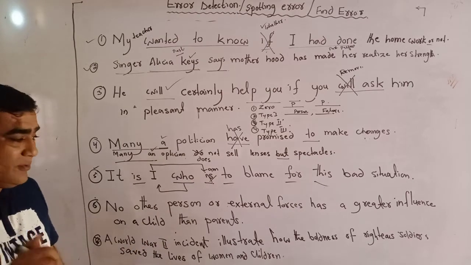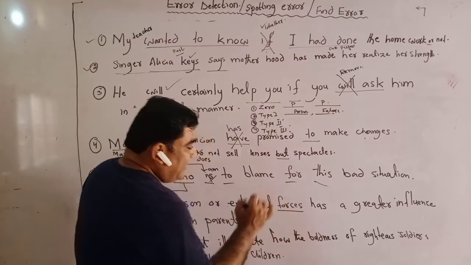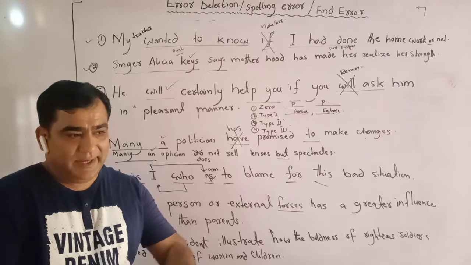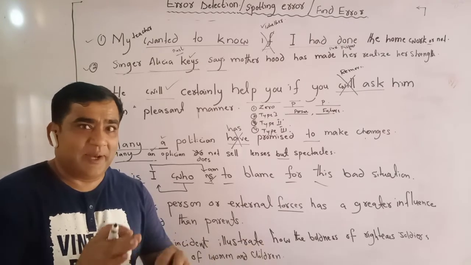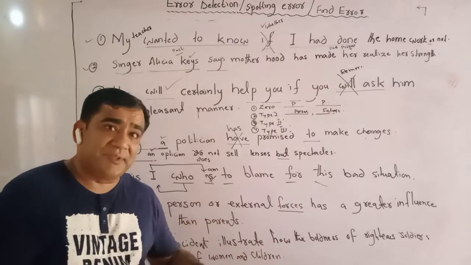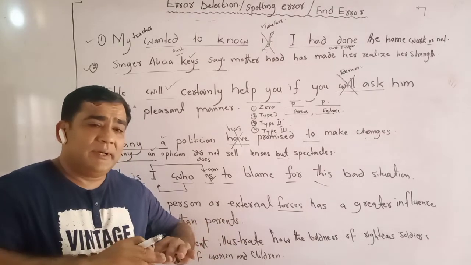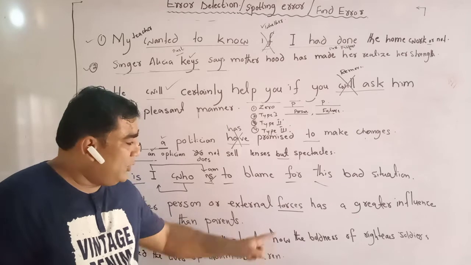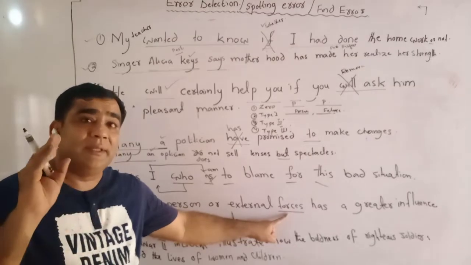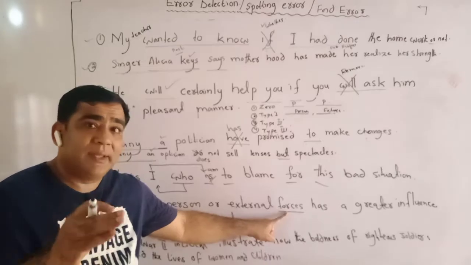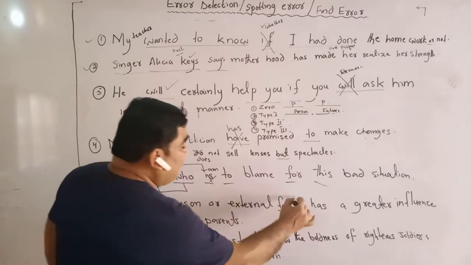I have told you words like good and goods; there is a difference. There is no singular and plural. Force and forces are different words, as I have told you. Forces means army men, armed men, but force means any strength. So here forces is wrong.